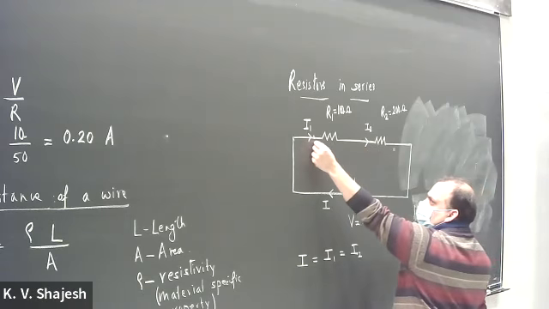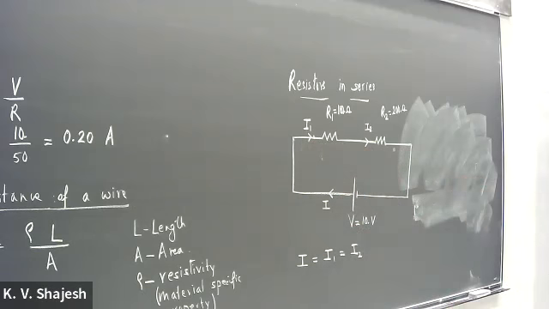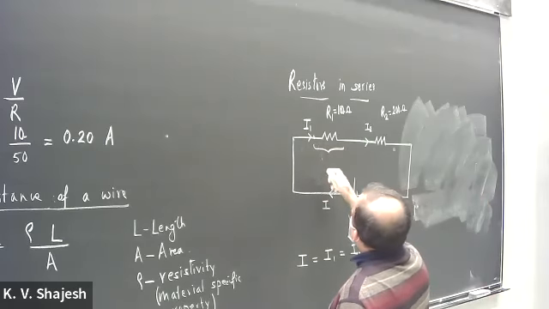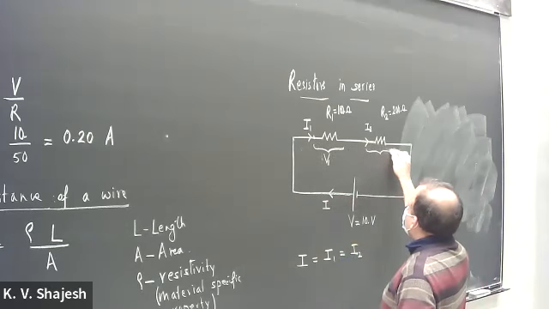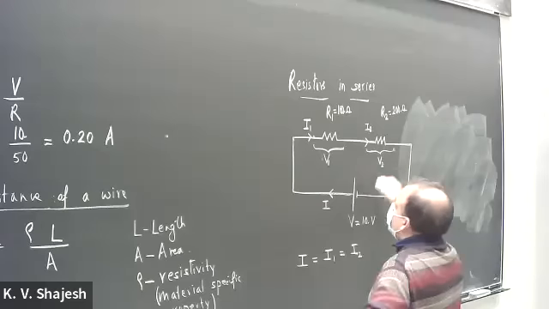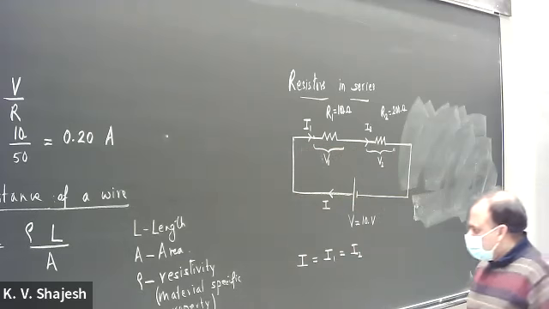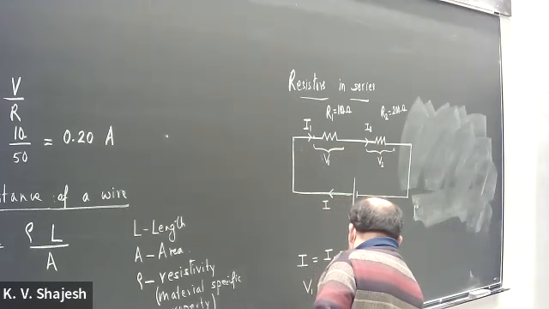So if this was plus 10 volt and this was 0, and somewhere here in between, there has to be a 5, there has to be a 6, and so on. And if we say the potential difference across a resistor, so that's V1, and across this resistor is V2, whatever is that drop has to add up to the total voltage, exactly like we had in the case of capacitor. So we have V1 plus V2 is equal to V.